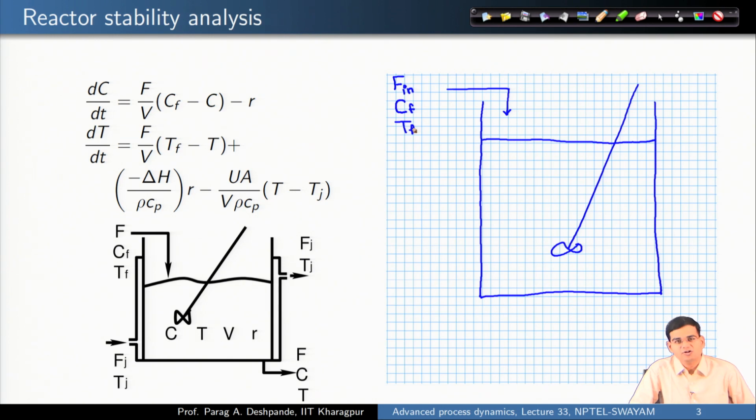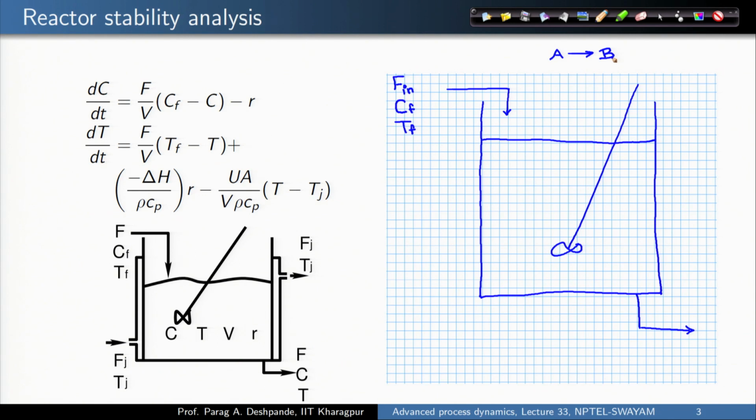The material would also be continuously flowing out. So, I have an outlet stream, and before I can write anything about the outlet stream, let me first try to understand what goes on inside the reactor. So, the material flows in with certain concentration of the species, and let us say that an irreversible reaction A going to B takes place inside the reactor.